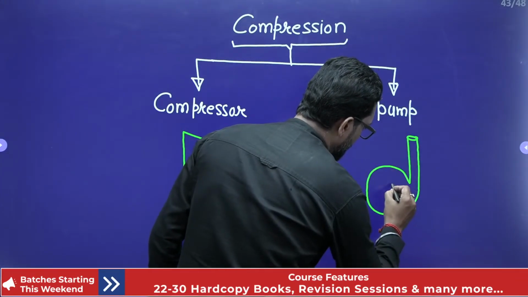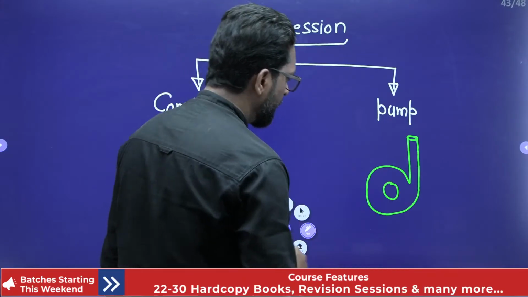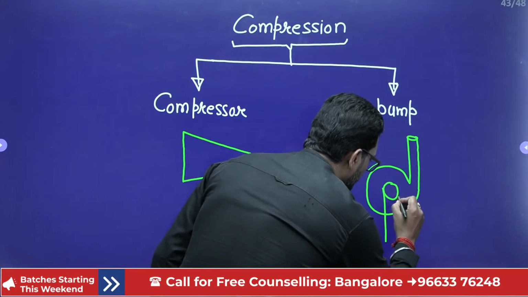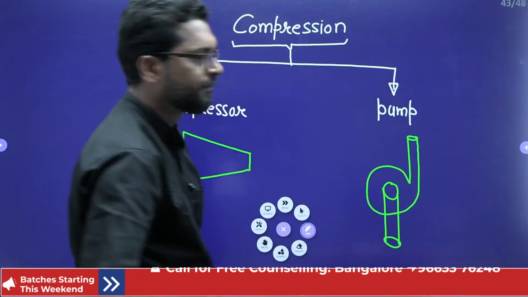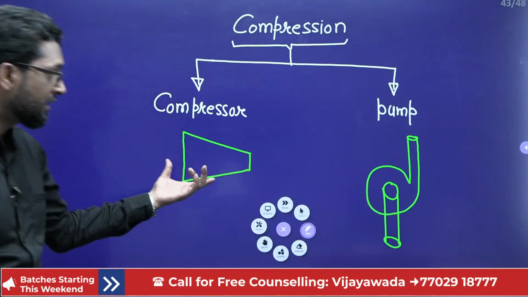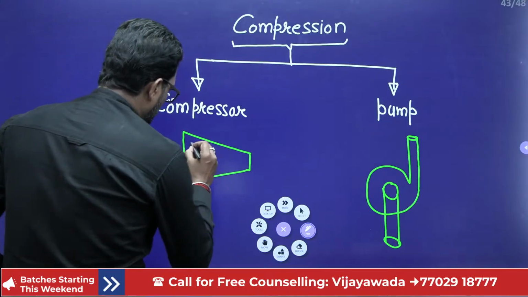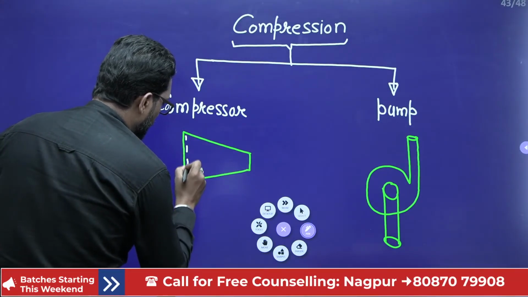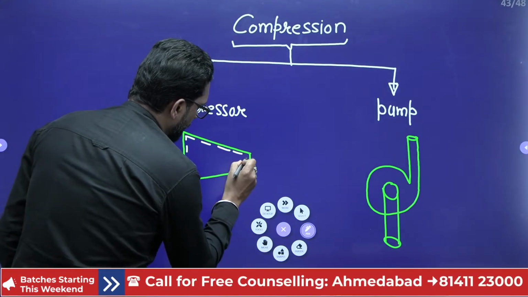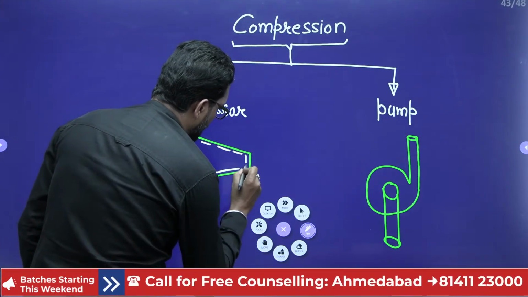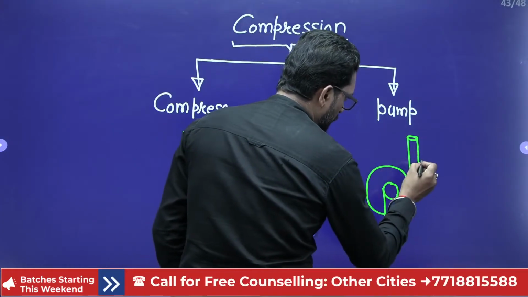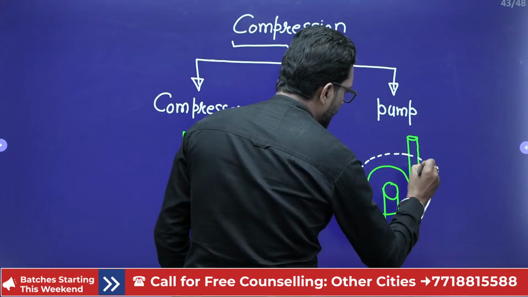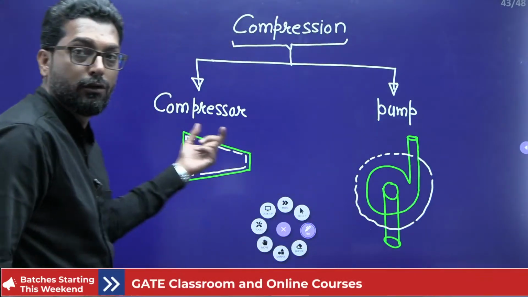This is the eye of the pump. This is our system, this is our control volume, and this is also a control volume. This is a fixed volume, this is also a fixed volume.